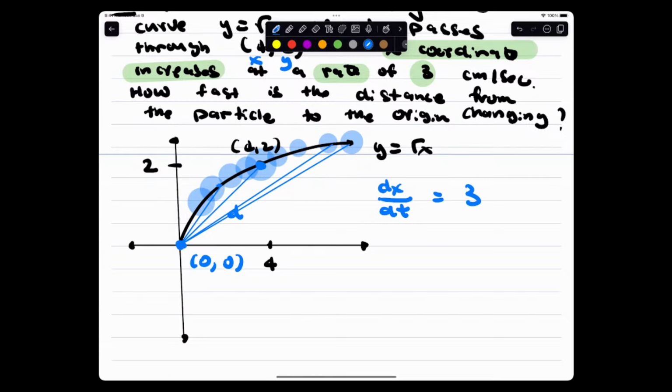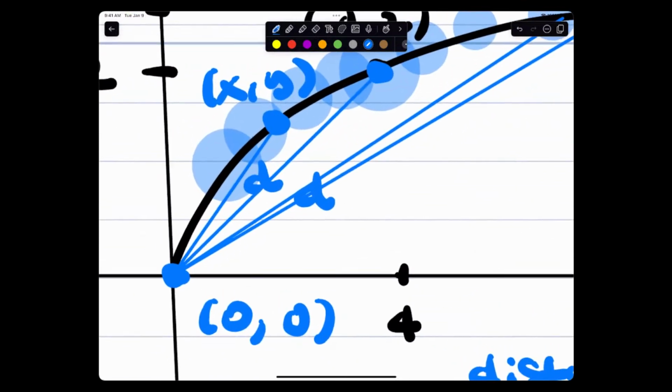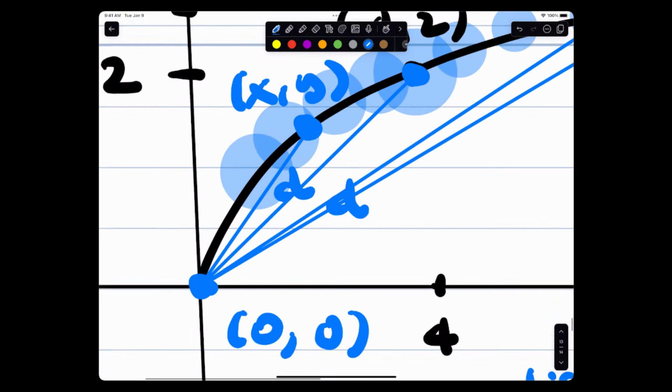So I'm going to do something here. I'm going to take an arbitrary point x and y. Turns out we need that, okay? And yes, here's D. So we're going to have to go back to some geometry and remember the distance formula. The distance formula from geometry. But this time, it's going to be the distance from what?